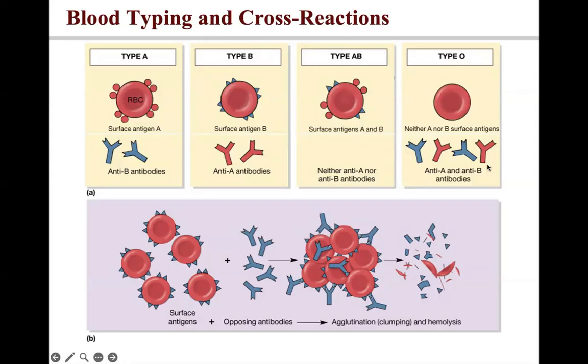Why is this arrangement? Think of a situation where this red blood cell with antigen B, as shown in this figure, is type B blood group.